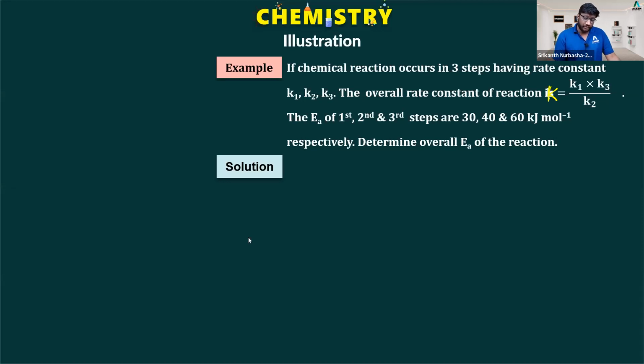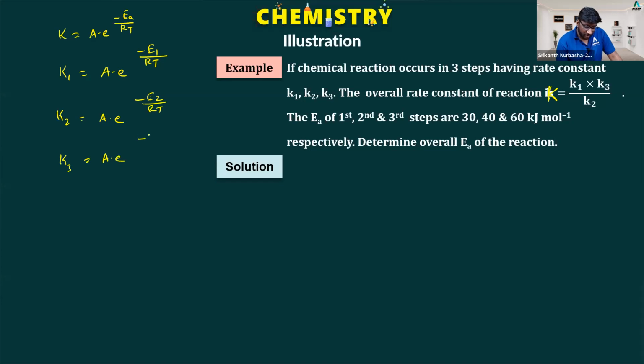So can I say K is equal to A into e power minus EA by RT. So wherever I have K1, there will be activation energy E1. So K1 is equal to A into e power minus E1 by RT. K2 is A into e power minus E2 by RT. K3 is equal to A into e power minus E3 by RT.